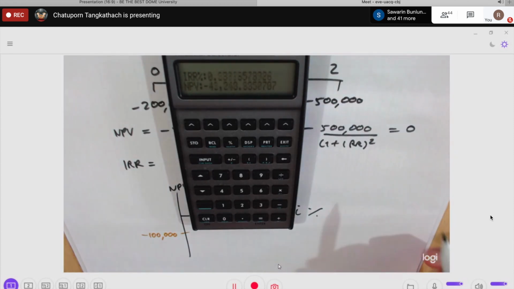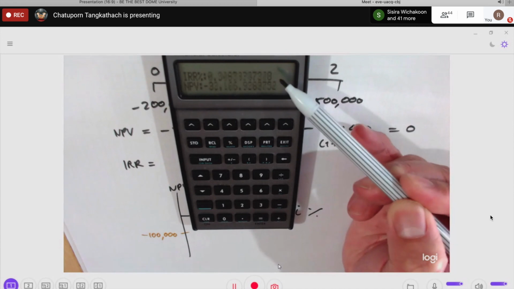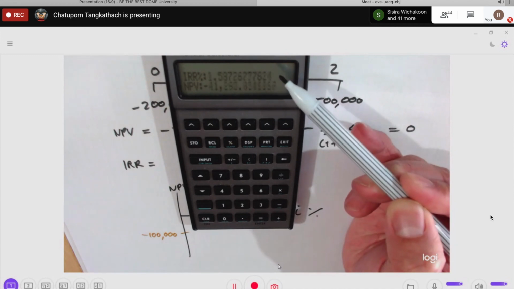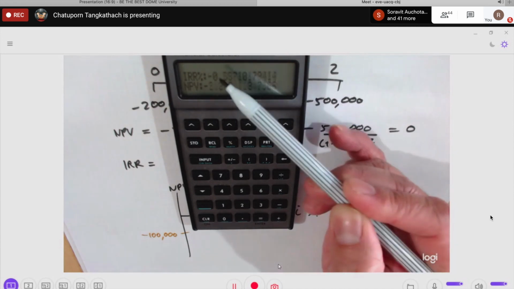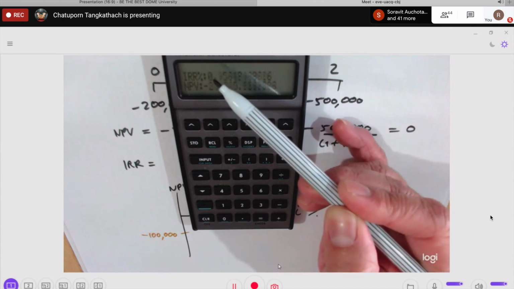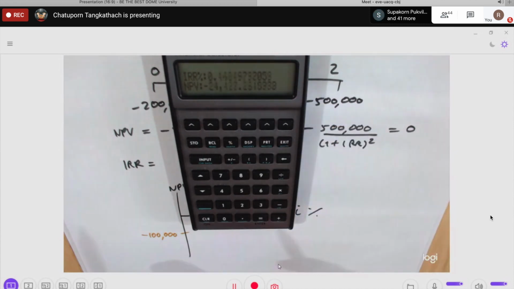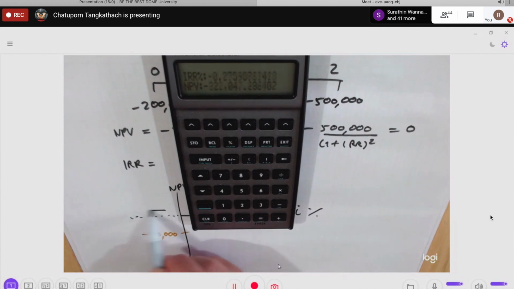While we wait for my calculator to give us the answer, I would like you to see two things. First, my calculator tries the rates above here. Sometimes you will see the negative sign. So the calculator will also try discount rates on the left-hand side quadrant, those that are negative, to see whether we have NPV equal to 0 or not.